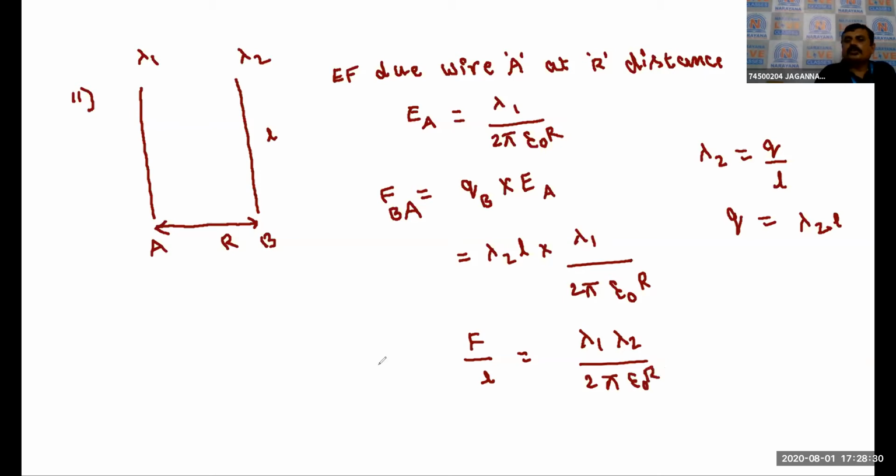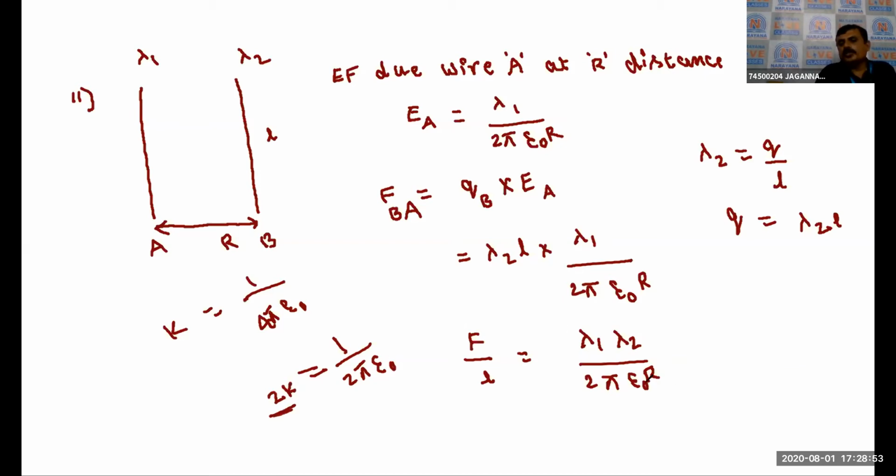Okay, but you know that K equals how much here? K equals 1 by 4 pi epsilon naught. Then 1 by 2 pi epsilon naught, value how much here? This is nothing but 2k.